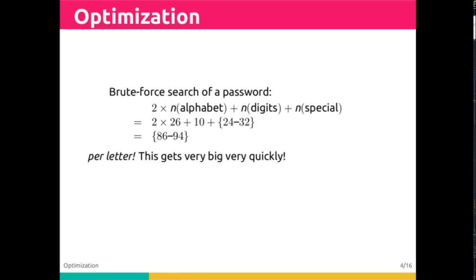Now the challenge is that the search space explodes in size as we add more and more characters. In this case, for the number of characters in the alphabet, the number of digits, and the number of special characters added together, we can see that it's 86 to 94 characters possible per letter. This means that the problem gets very big very quickly, which is a limitation of brute force solution methods.